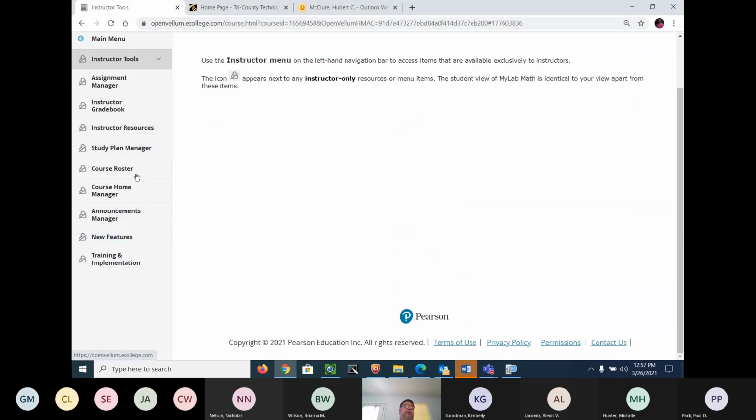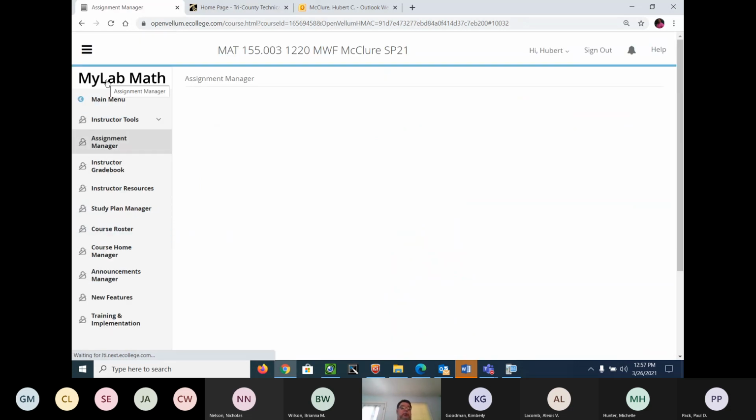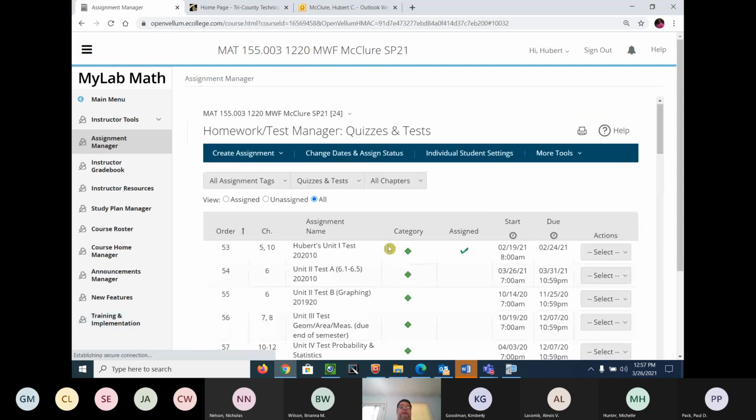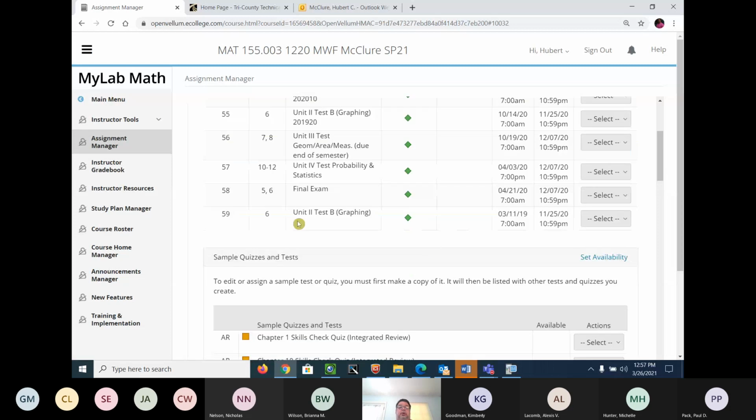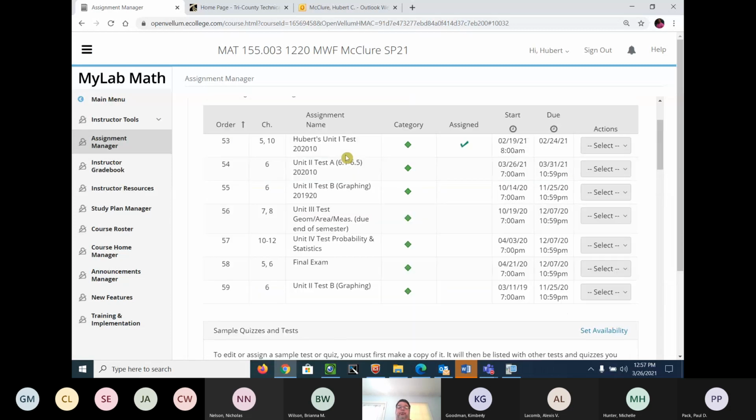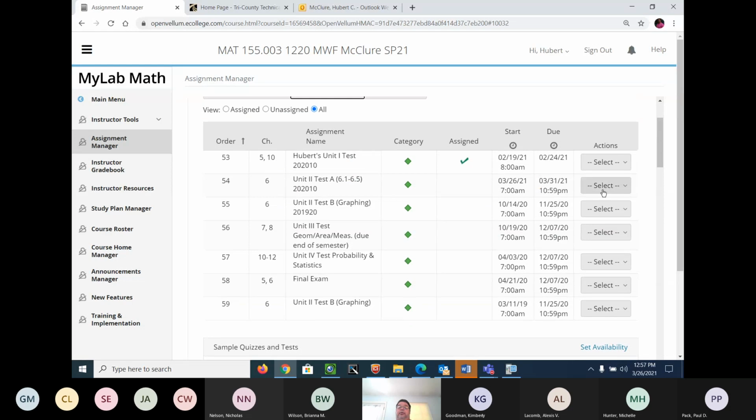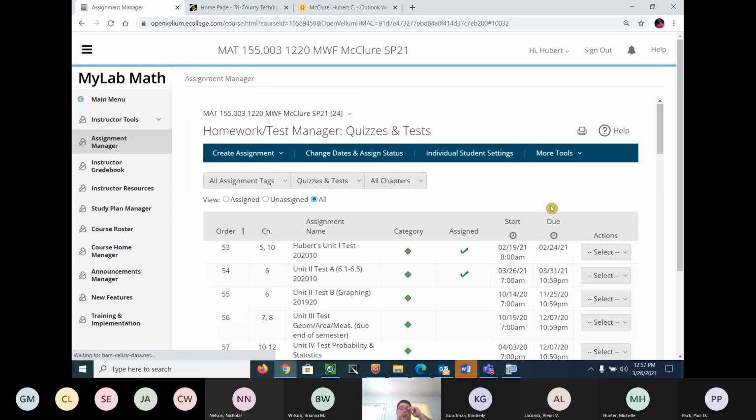As soon as I can find assignment manager and go down to the test. They have got this set up since it's a new book. They got it backwards. There we go. And Unit 2, I got to assign it. Sorry, I thought I assigned it. Wait a minute.